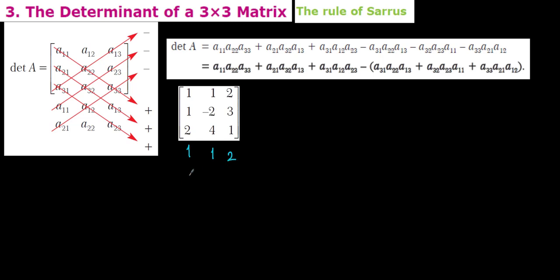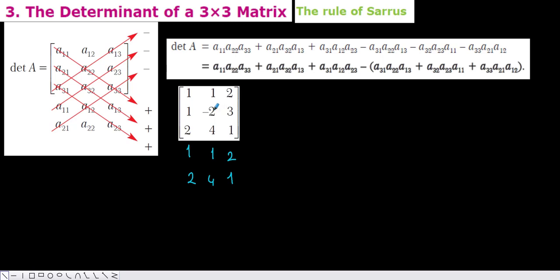1, 1, 2, 2, 4, 1, it has to be. Then I'm going to multiply crosswise using this form.